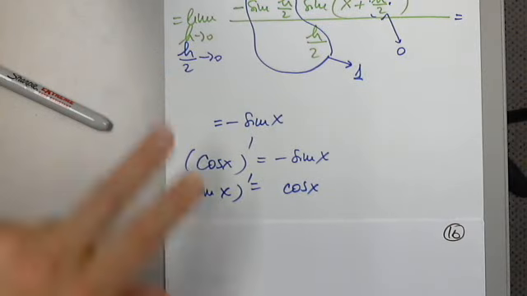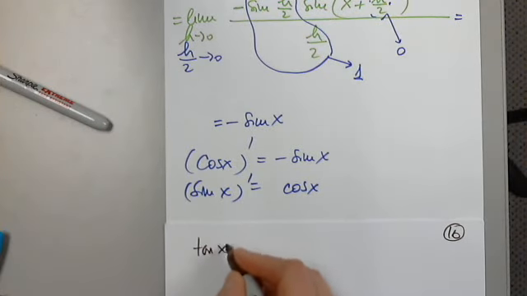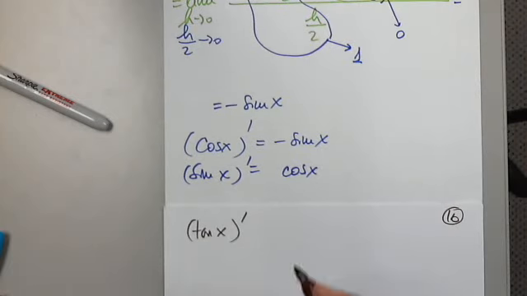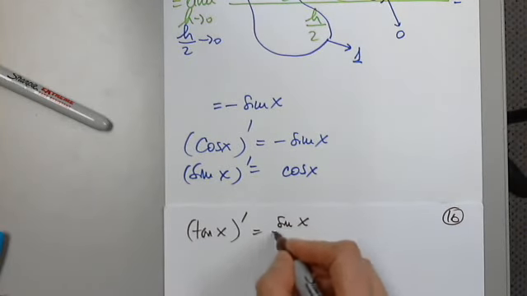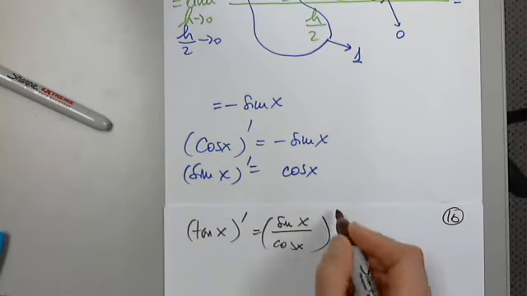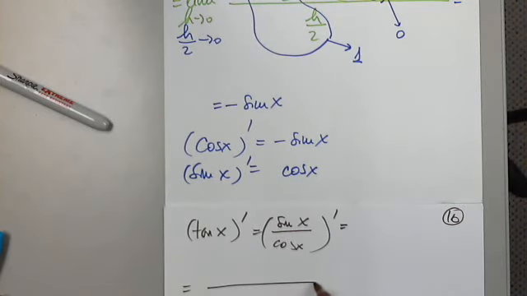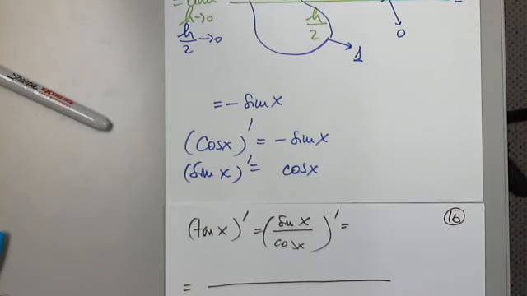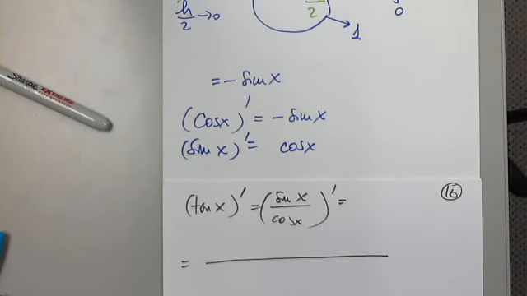Okay, very good. So now tangent prime. Let's find just tangent prime, and the rest I'll give you. So this is sine x over cosine x prime, and this is a ratio. We cannot differentiate the top and the bottom. We have to apply the quotient rule, not to be confused with L'Hopital's rule.